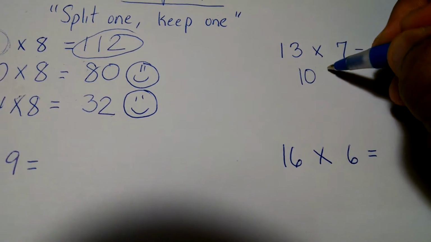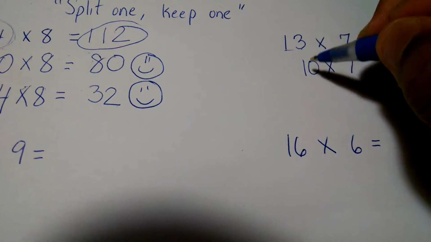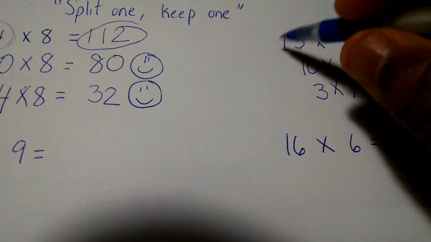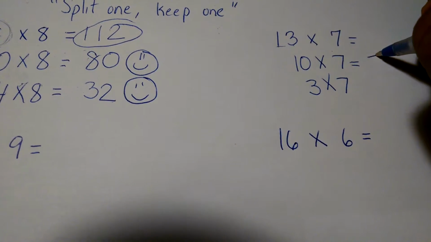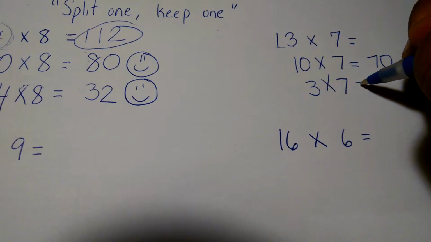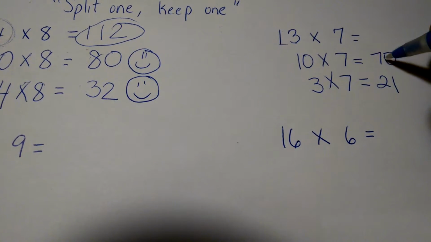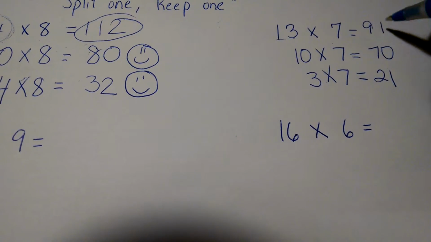So that's 10 times 7. So you're going to split the 13 into 10 and 3. And the 7, we keep the same, we keep 1. So that stays the same. So 10 times 7 is 70. And 3 times 7 is 21. And if you add these two parts together, you get 13 times 7 equals 91.